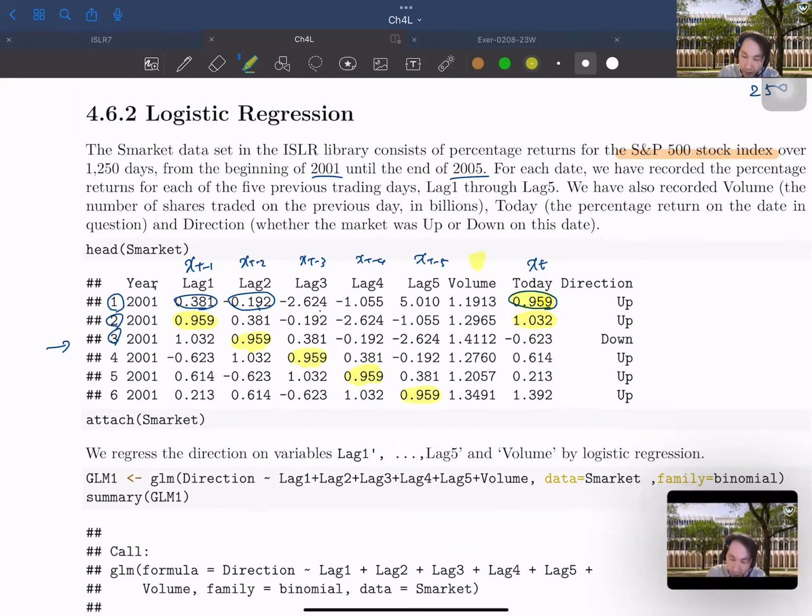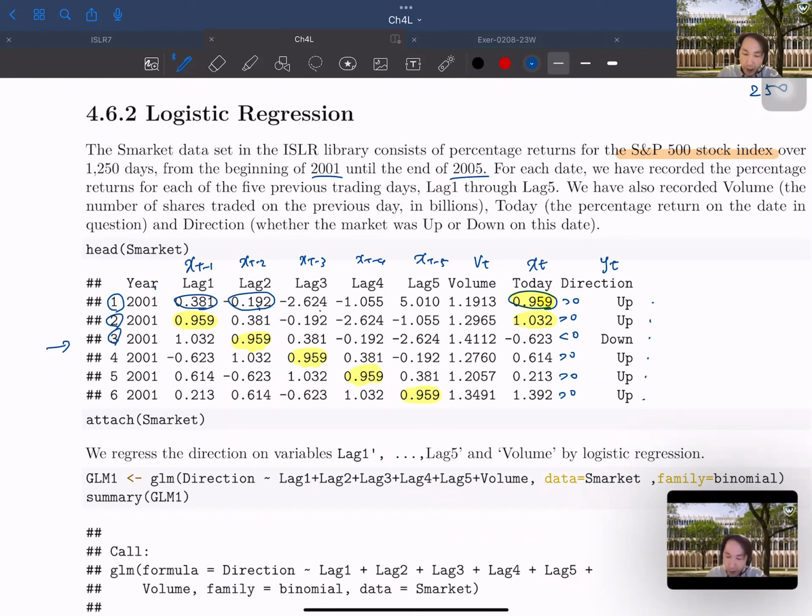We have the volume data at time t, v_t, and the direction of x_t is the response variable y_t. So this is positive, positive, negative, positive, positive, positive. That's why this is up, up, down, up, up, up.